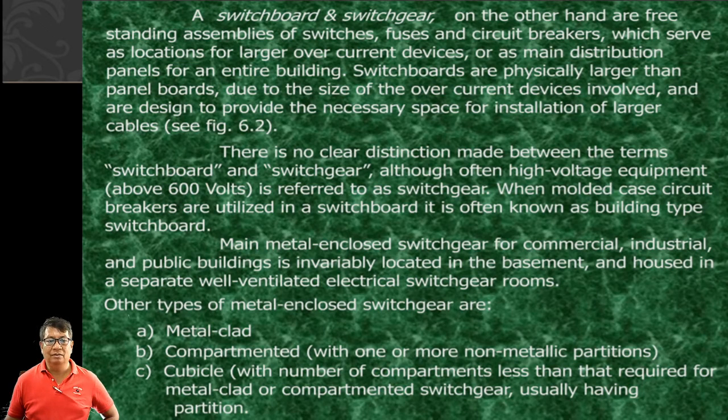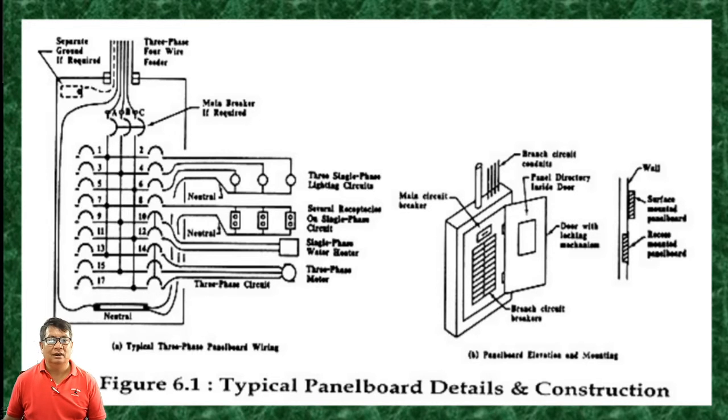So, yun po yung mga klase-klase na mga switchgears at saka switchboards. Okay, so this is just a simple illustration of the panel boards and the panel board construction. Dito po yung mga main breakers, yun ang mga branch circuit breakers, and the rest of the load.